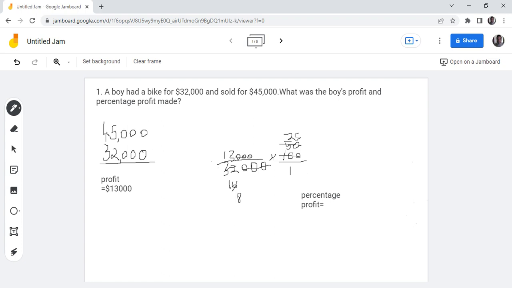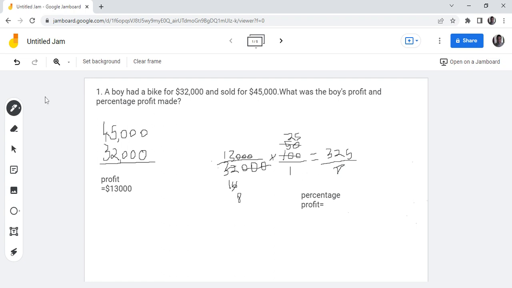Now 13 times 25, insert that in your calculator. 13 times 25, you should receive an answer of 325. So 325 over 8.